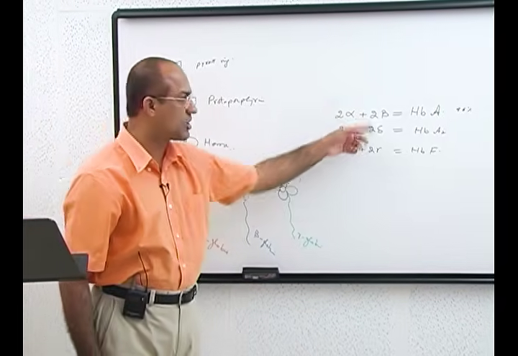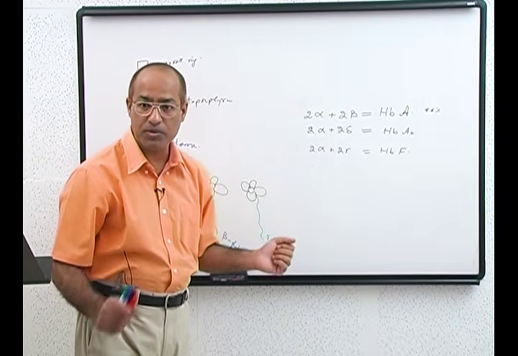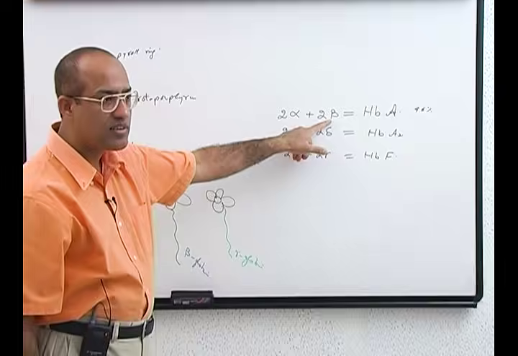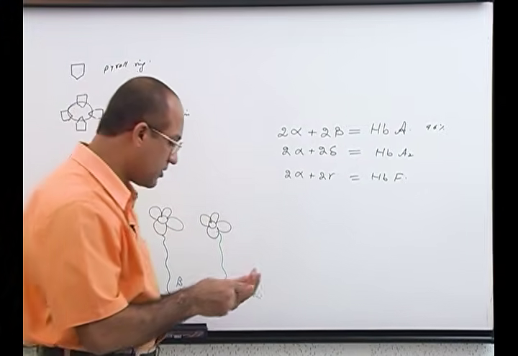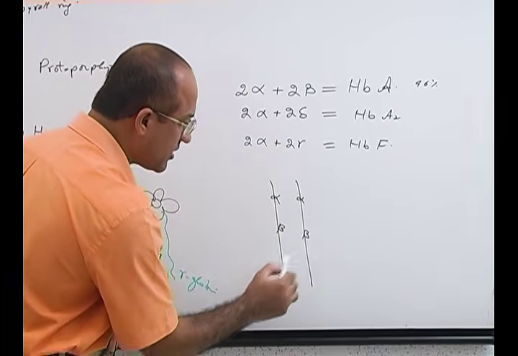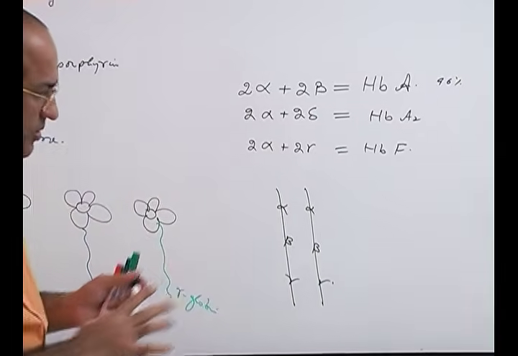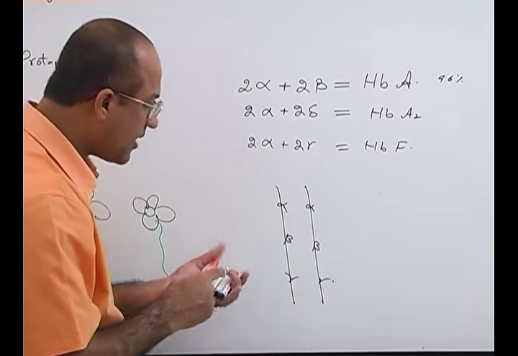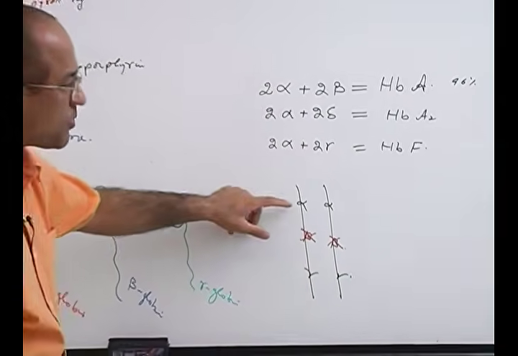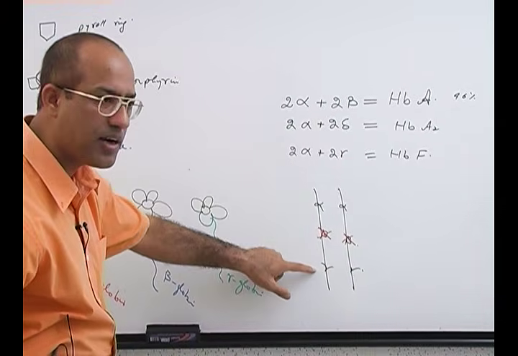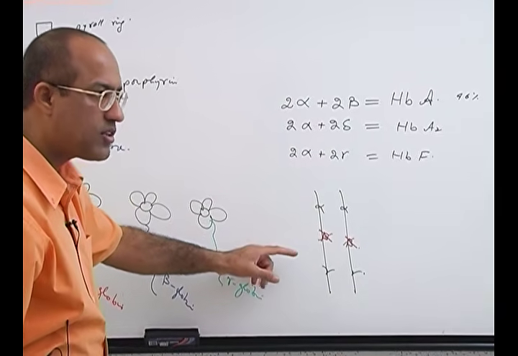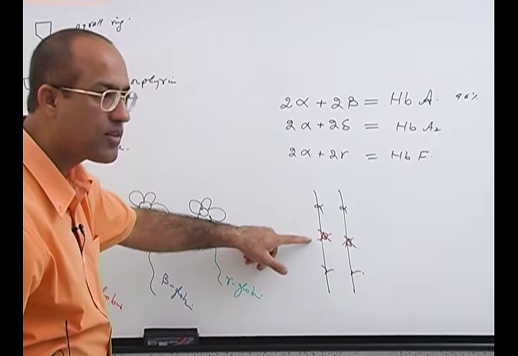Okay. Another thing I would like to mention is that if there is some mutation in the genes which produce these chains, then there can be problems. For example, if a person has a mutation in the beta chains, so he is not making beta chains at all. Let's suppose these are the genes. This is the alpha gene, this is the beta gene and beta gene, this is the gamma gene and gamma gene. I'm just giving you an example. Let's suppose the beta genes are defective, then what will happen? This person initially in fetal life will make alpha with gamma. So which hemoglobin? F. But after birth, this baby should make alpha with beta.